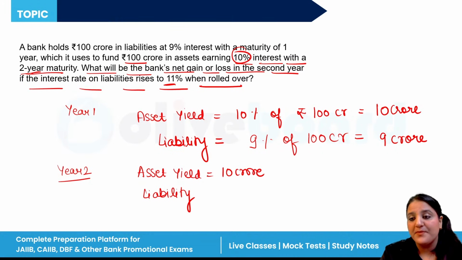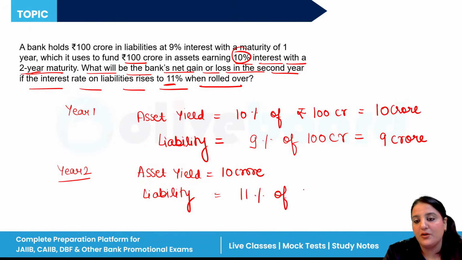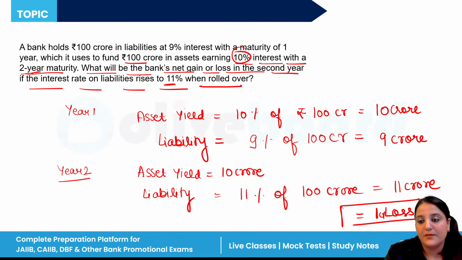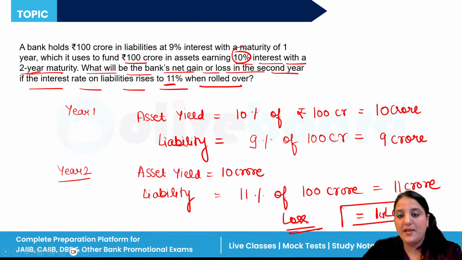So that means 11% of 100 crore is 11 crore. So you can see that as the liability increases, there is a loss of 1 crore. So you can say there is a loss of 1 crore. Is it clear?